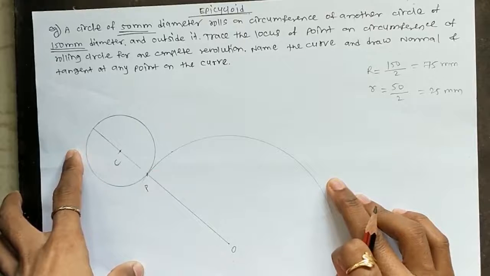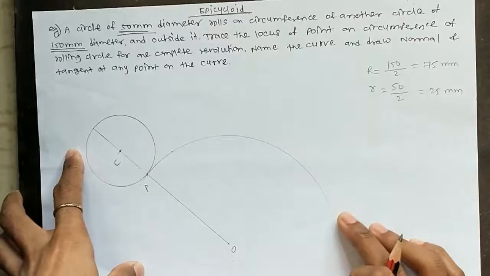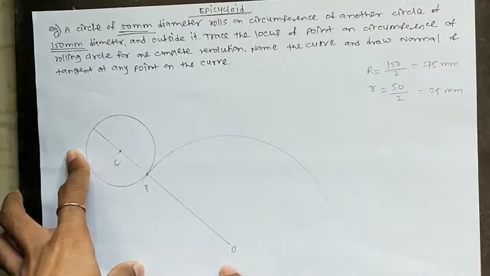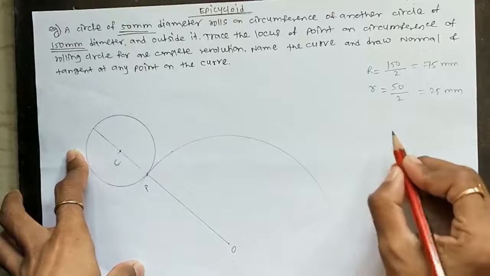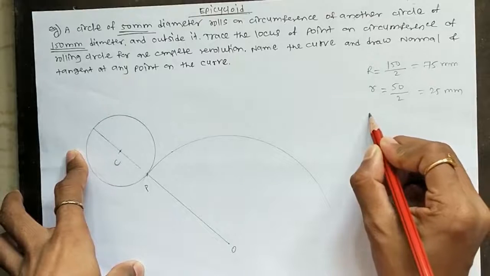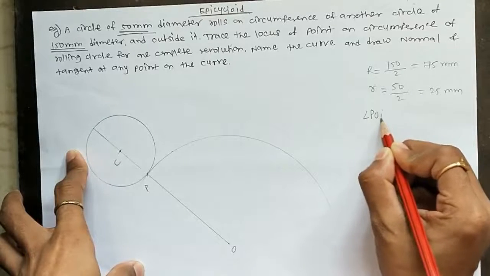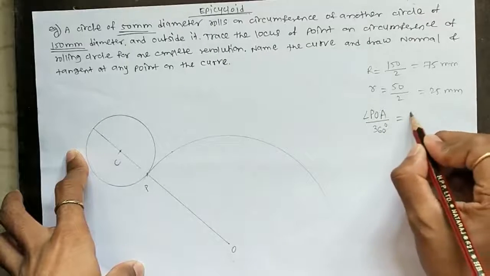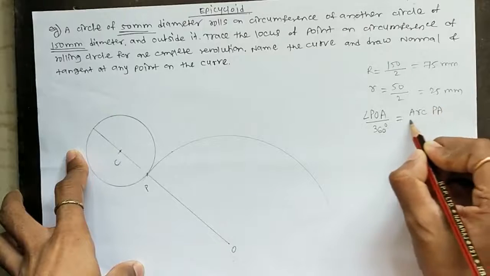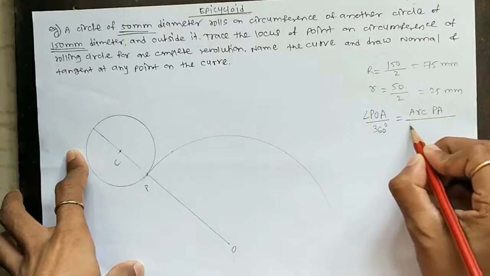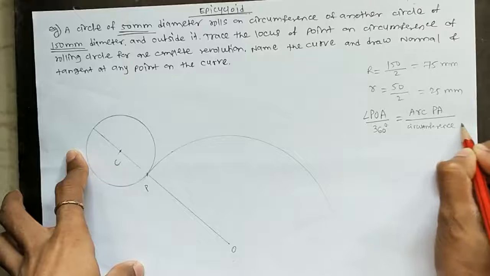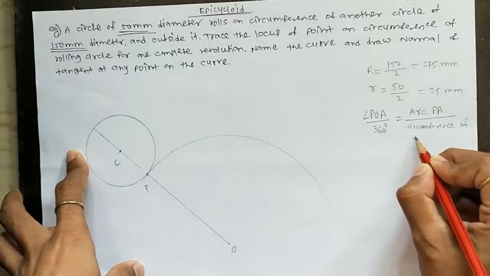So PA is circumference of generating circle. Position of A is found out by calculating angle subtended by arc PA with center O. This can be found out by a formula: angle POA divided by 360 degree is equals to arc PA divided by circumference of directing circle.